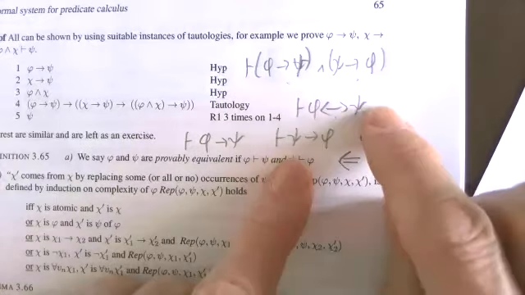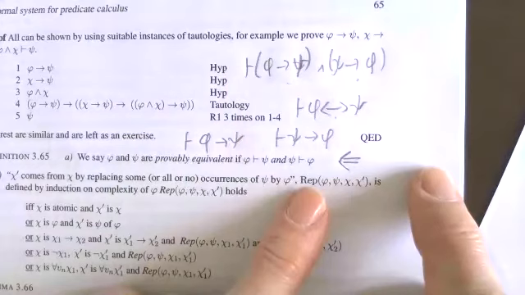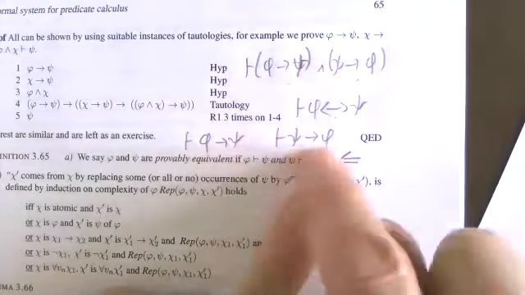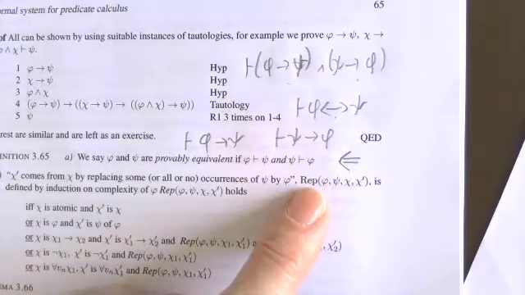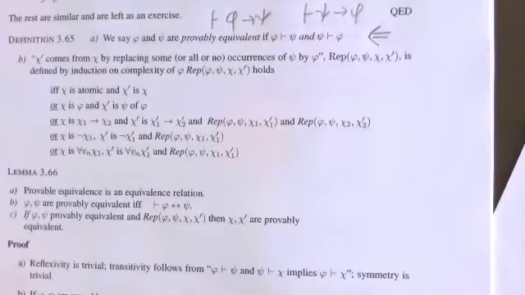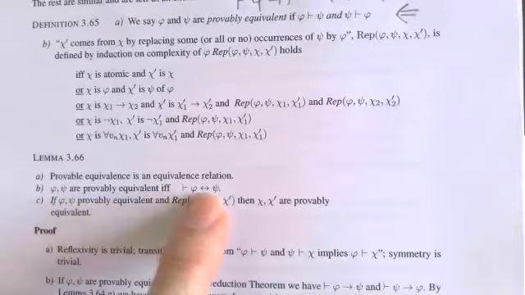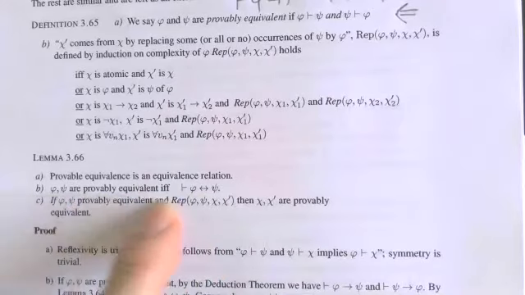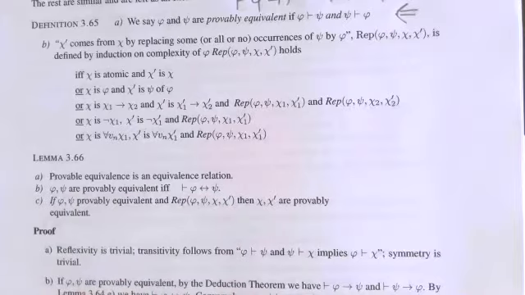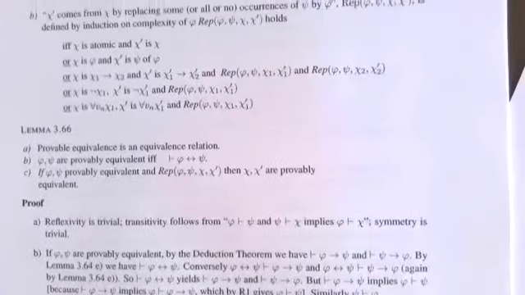Then there's yet a third proof of this symbol string, which may not be immediately connected to these two proofs. And you can see that here it is occurring down in this lemma. If they're provably equivalent, then we can prove this here. And the proof of B here tells you how to do it.